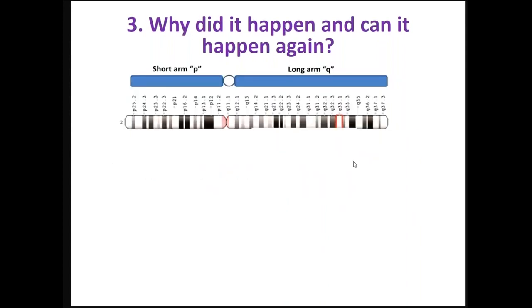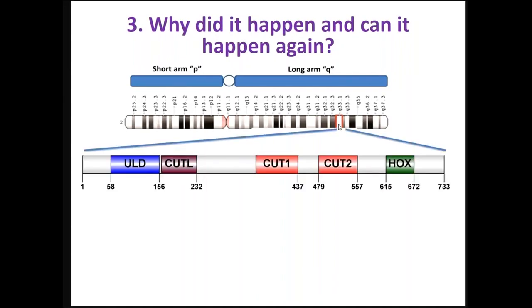So looking at chromosome 2 here, this area, Q33.1, just highlighted here, this is where the SATB2 gene is. If you were to zoom in closely, that's where you get the SATB2 gene. And this is sort of the cartoon representation of the SATB2 protein, which again is the product of the SATB2 gene. The protein has 733 building blocks.